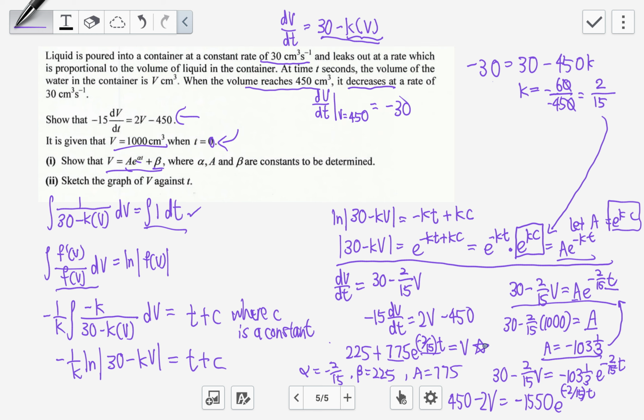This you can just plot into your graphic calculator and get the graph. It should look like this.